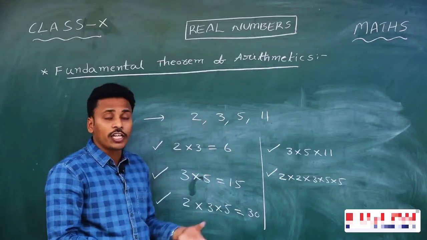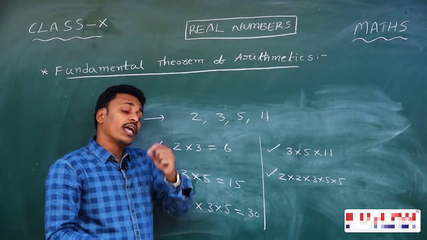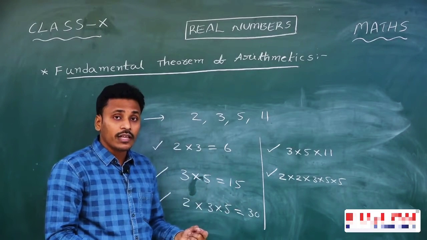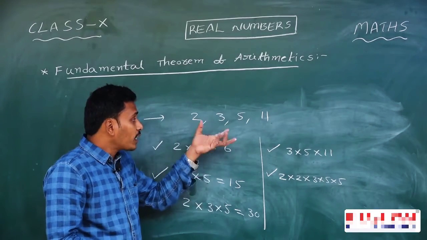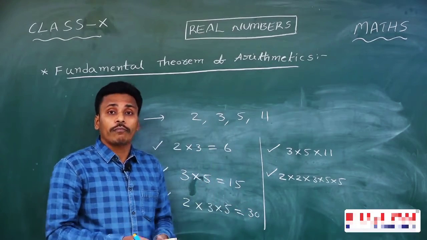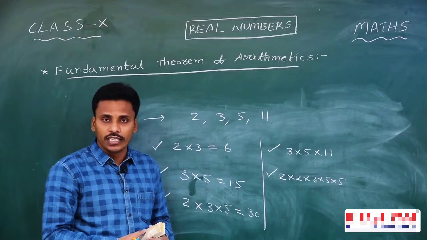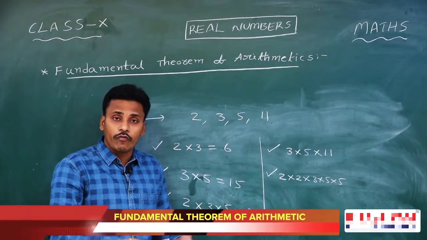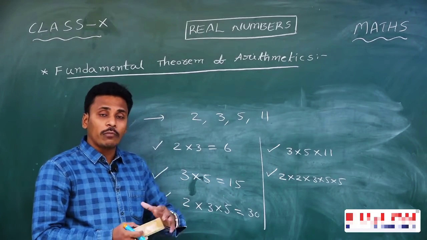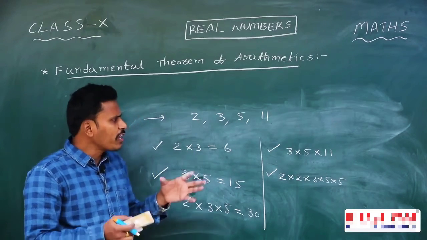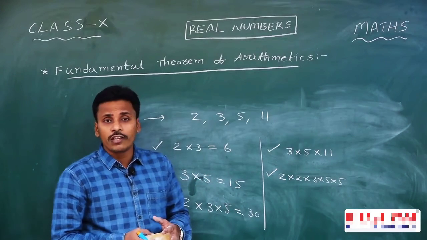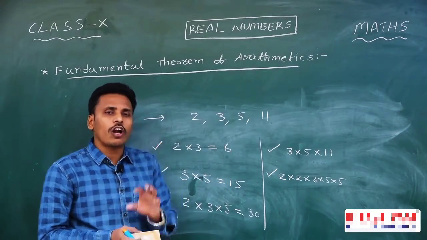And here you have a chance to take any number of times, and you are multiplying in all the possible ways. In that sense, if you take these numbers in different combinations, you will get an infinite number of larger positive integers. And all those infinite numbers are again composite numbers. Is it right? So at the end, what I am concluding is, there are actually infinite primes. And among those, you just start with a few numbers.